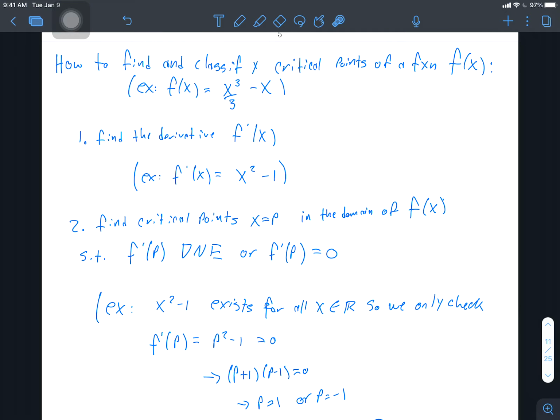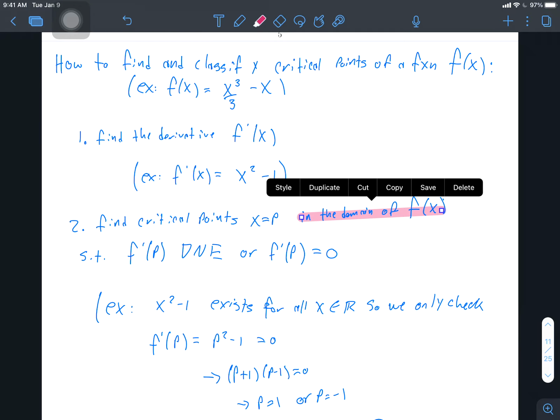One crucial qualifier here is that these points should all be in the domain of f of x. I should only search for critical points x equals p which are in the domain of f of x.